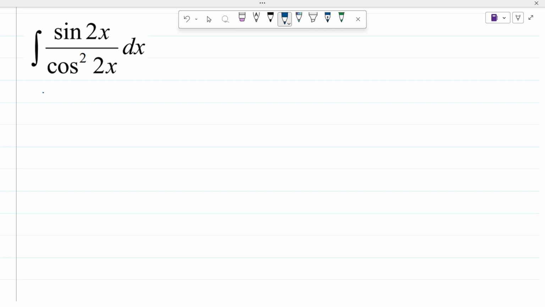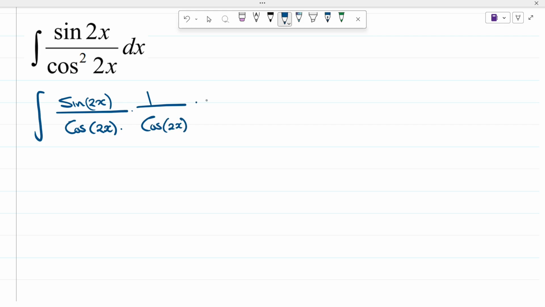So this can be sine of 2x divided by cos of 2x multiplied by 1 over cos of 2x dx, right? So sine of 2x divided by cos of 2x, what is it?